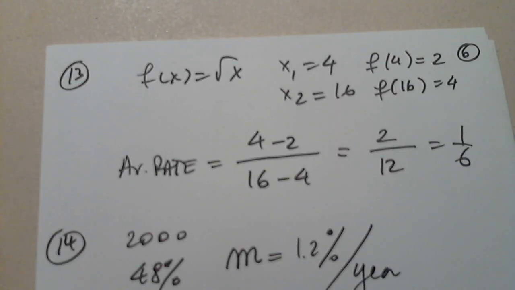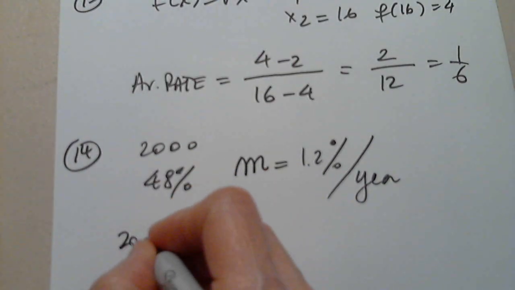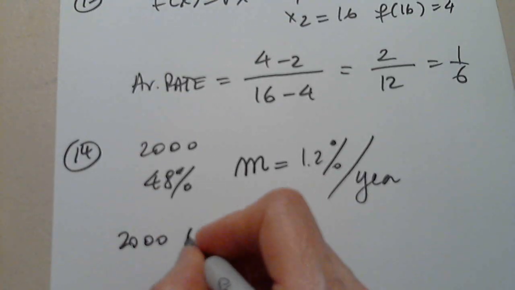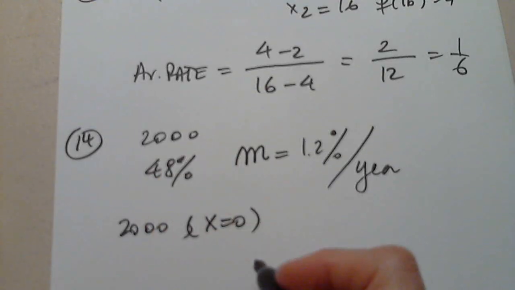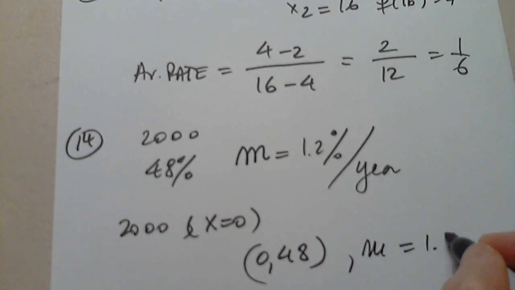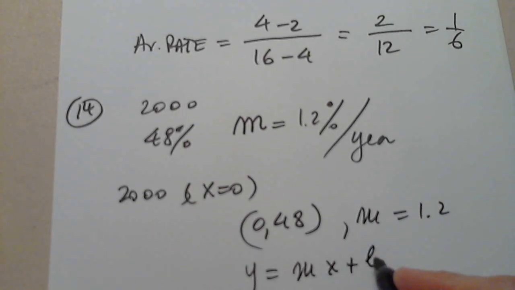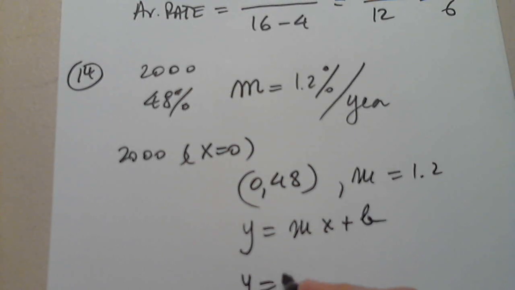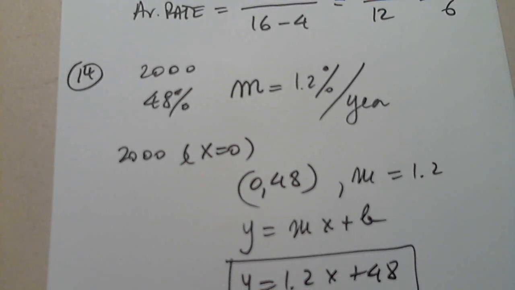Okay, so in the year 2000, let's see if it says x years after 2000. Very good, yes. So meaning the year 2000 means x equals 0. So we are given 0, 48%, that's a point, and we are given the slope, which is negative 1.2. We're going to use y equals mx plus b, and it's done. Y equals negative 1.2x plus 48.